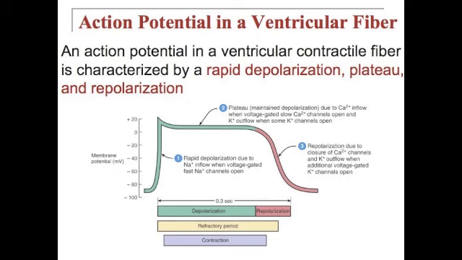So the first step is rapid depolarization due to sodium ion inflow when voltage-gated fast sodium ion channels open. 2, we have the plateau stage, and this is due to the calcium ion inflow when voltage-gated slow calcium ion channels open, and potassium ion outflow when some potassium ion channels open.